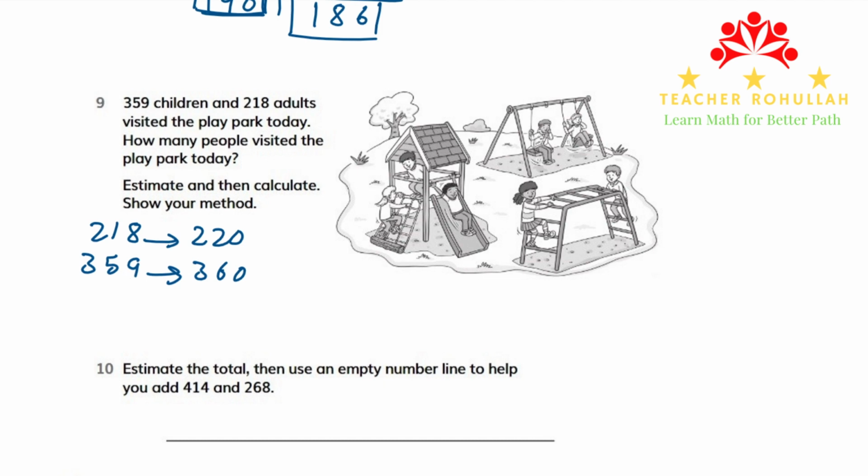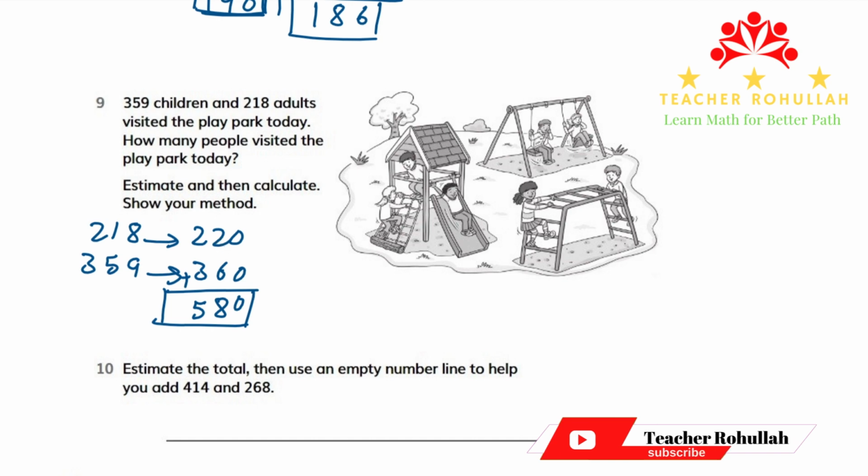So the estimated sum will be 0 plus 0. Let me write the addition sign. 0 plus 0 is 0, 2 plus 6 is 8, and 2 plus 3 is 5. So the estimated sum or total is 580.